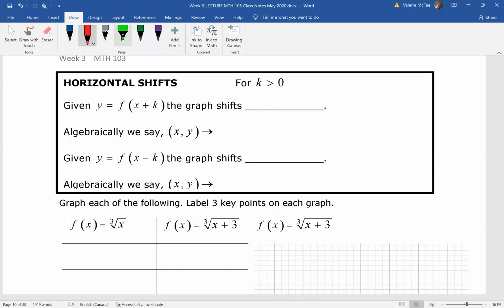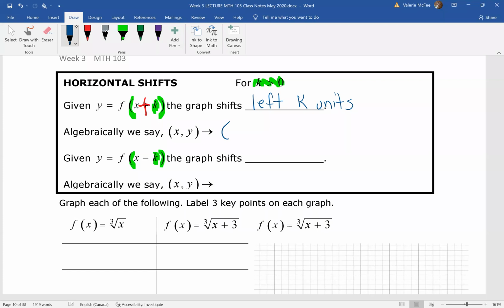Let's put our summary here. So when that k is greater than 0 and it is inside the brackets, it's inside the function, if this is a plus sign, then we know that the graph is going to shift left k units.